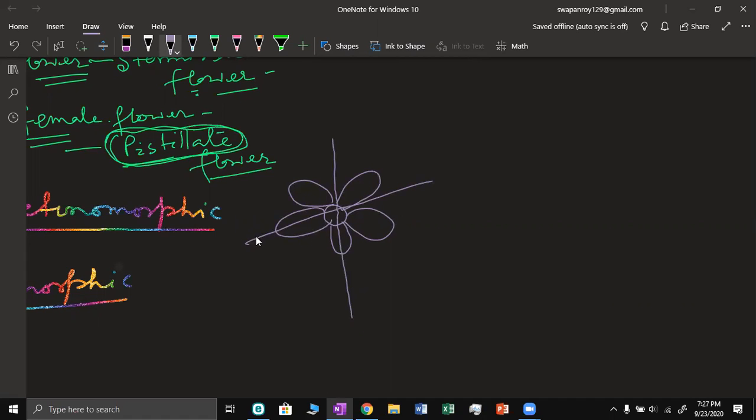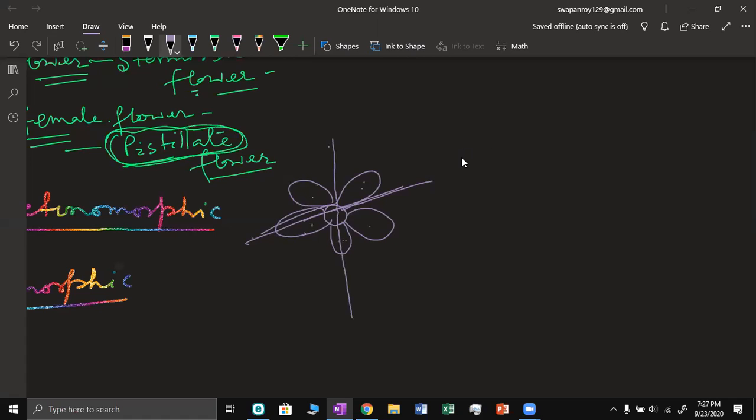If we divide by this line, this side has 2.5 petals and this side 2.5 petals. If we divide through this line, then here also 2.5, here also 2.5.